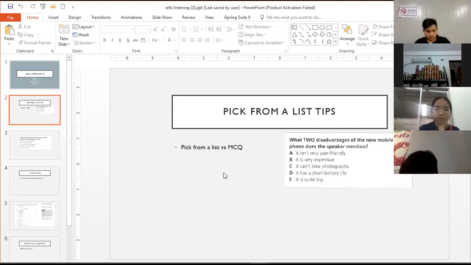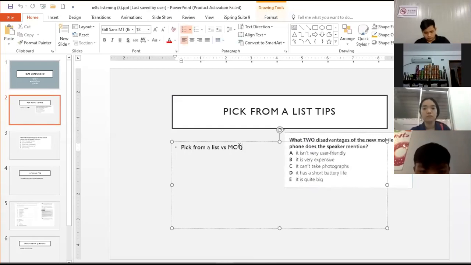So very similar to our reading, it looks like this. You will see your questions and you will know how many choices you will have to pick. It looks like this, same thing.